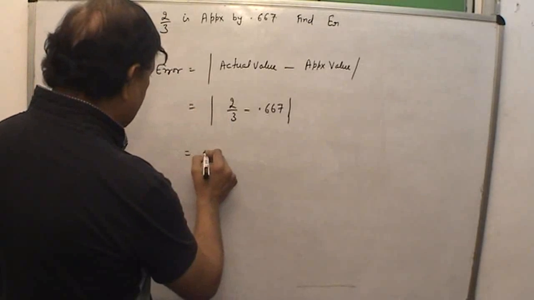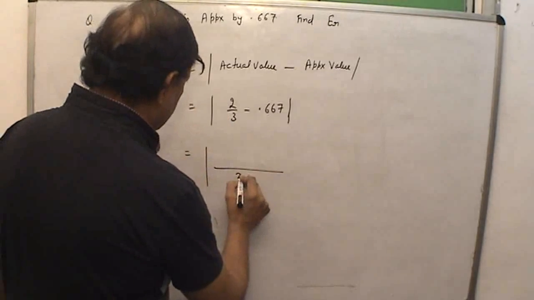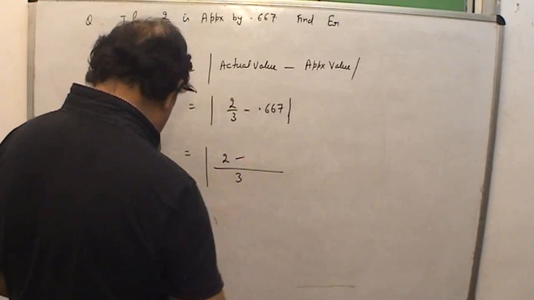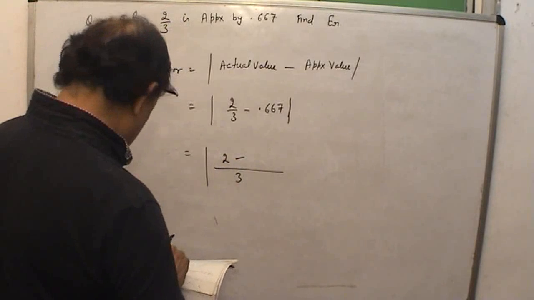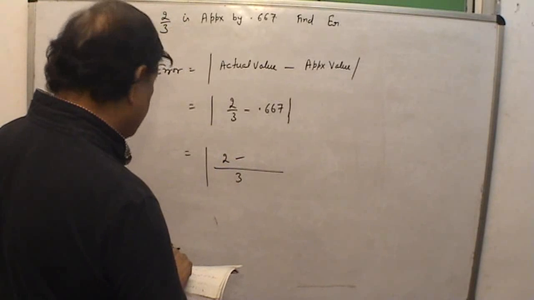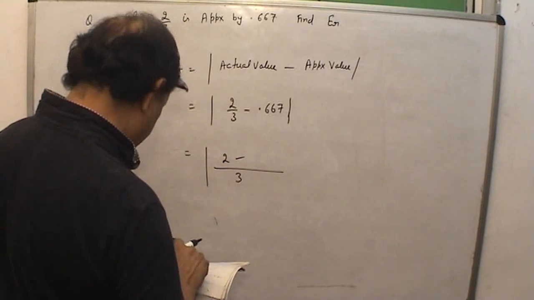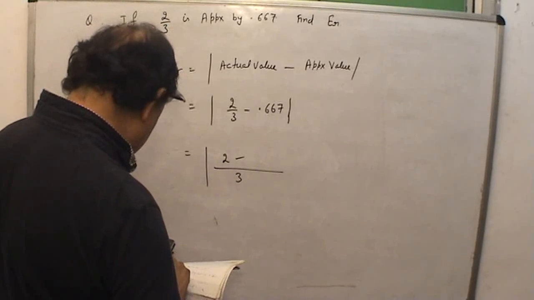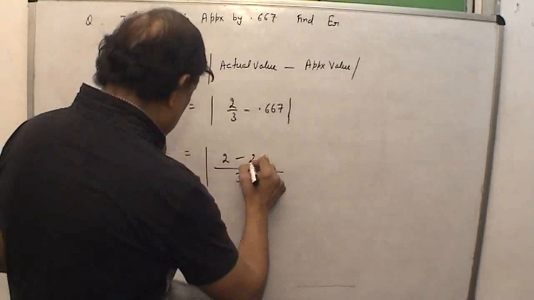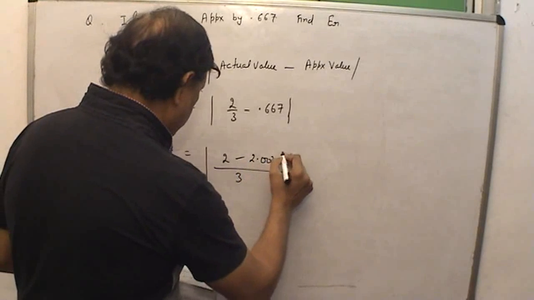Now we can take the LCM: 3 into 2 minus 0.667 into 3, that is equal to 2.001.